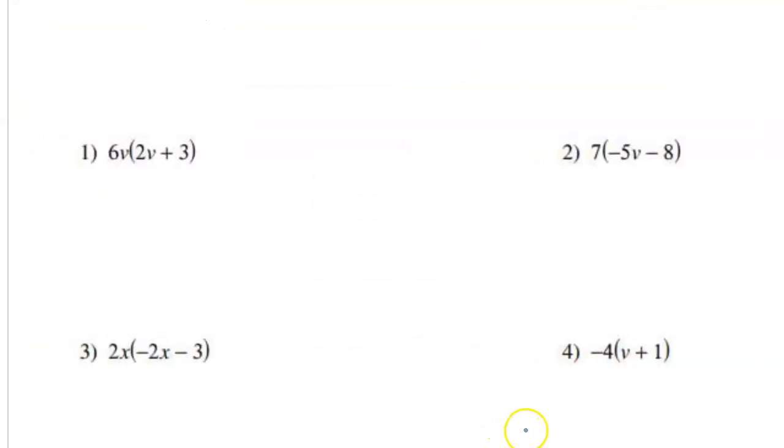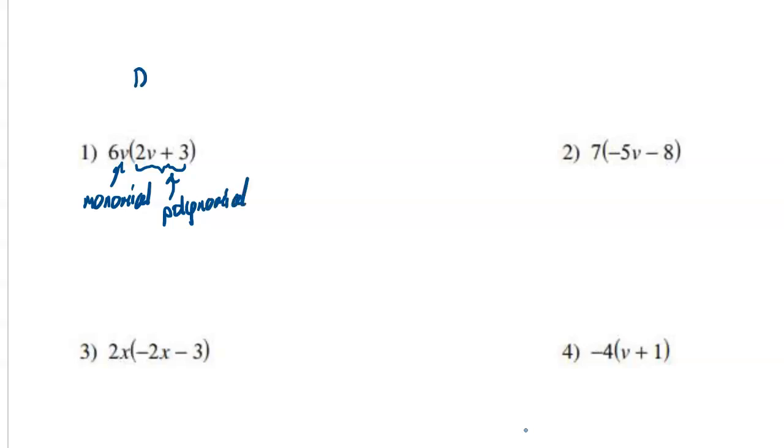Question 1. Now the structure changes again. Here we have a monomial. And this monomial is being multiplied to a polynomial, or specifically a binomial, but it's a polynomial. It has more than one term.